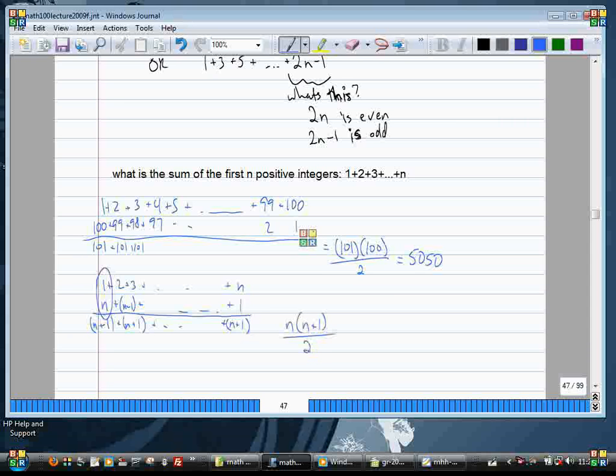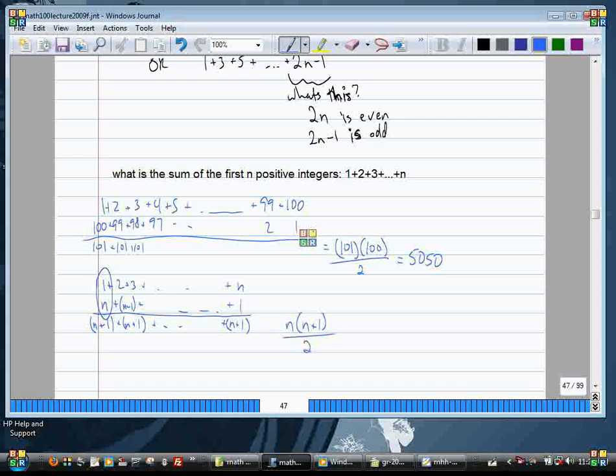And there you go. That is the formula for the sum of the first n positive integers, 1 plus 2 plus 3 up through plus n. And with a little prodding from me, we derived it together.